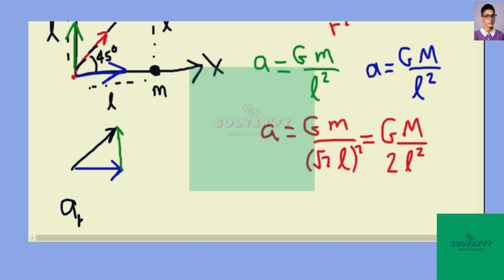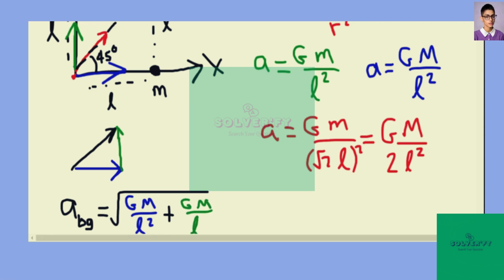blue and green added together is going to be the square root of blue, G M over L squared, plus the green one, G M over L squared.